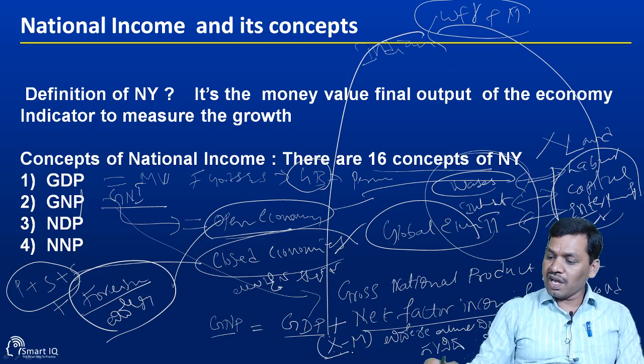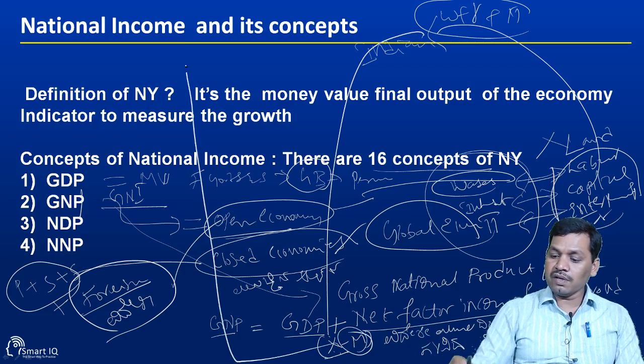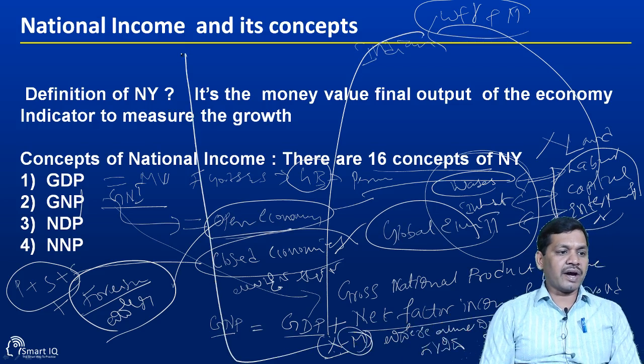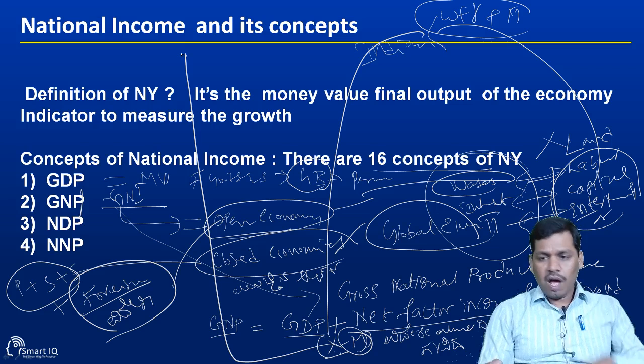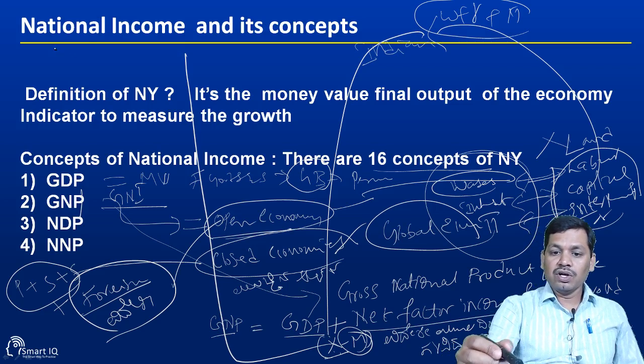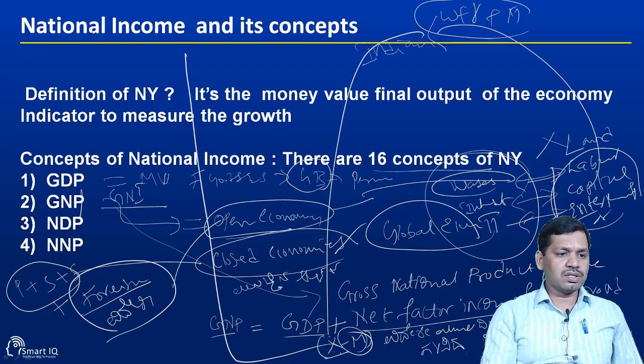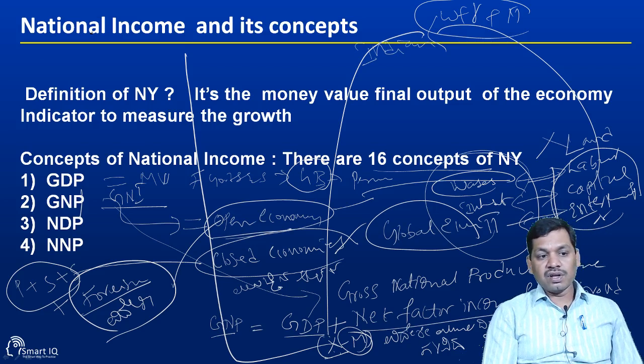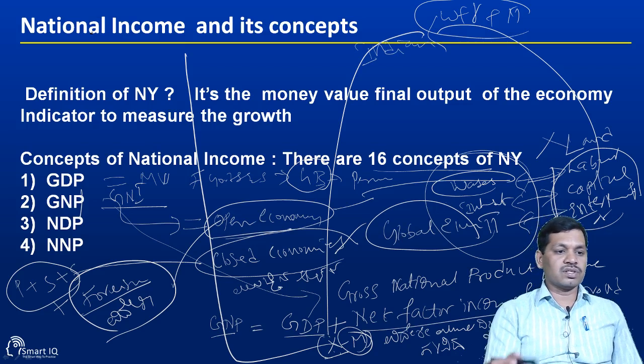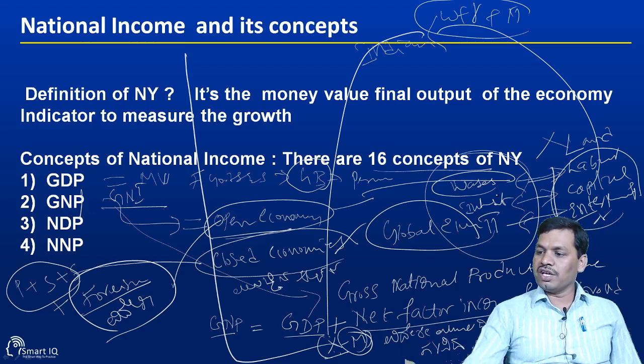If they are engaged in production of goods and services outside and get this income, that is export factor income. Whereas import factor income is for foreign factors, like foreign engineers and foreign doctors coming and rendering service and producing goods and services within India. For example, an American engineer working in India gets wages.